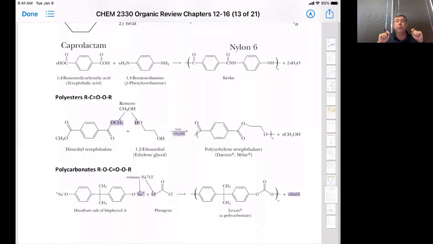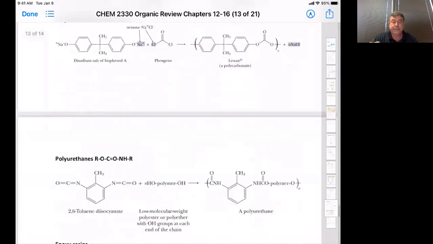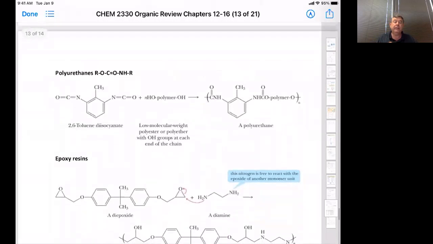But to be really, really tough, we have to move to the carbonate. And the carbonate is like having two esters on the same carbonyl. And that's where we get our Lexan. That's where we get our safety glasses. And then we have urethanes that are made from isocyanates and some alcohols. Think rubbery, pliable, and foams.